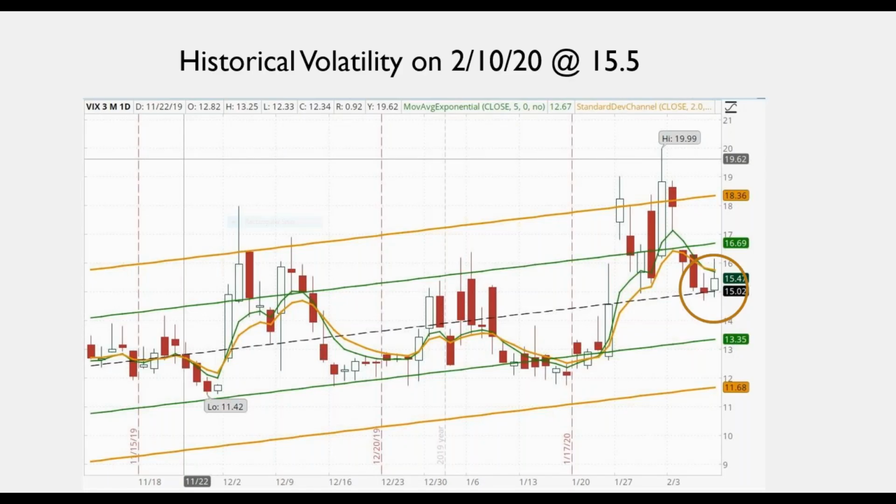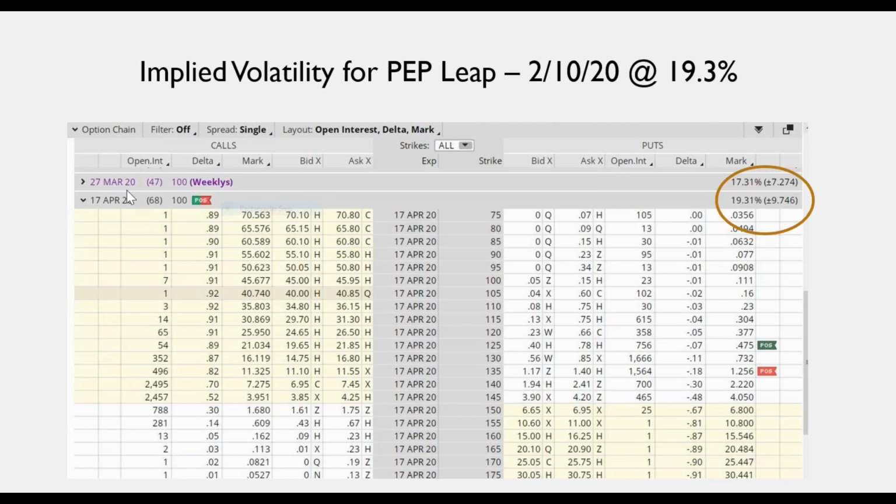This is a recent chart of the historical volatility as of February 10th, 2020. And you can see it was at 15.5. We just put on a PepsiCo Leap, and the implied volatility for that option chain was at 19.3%.